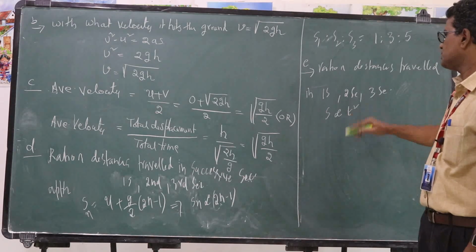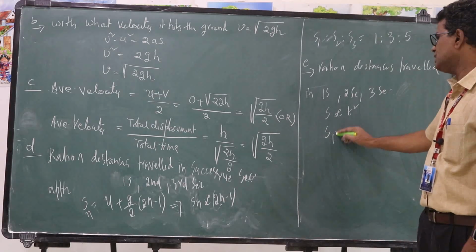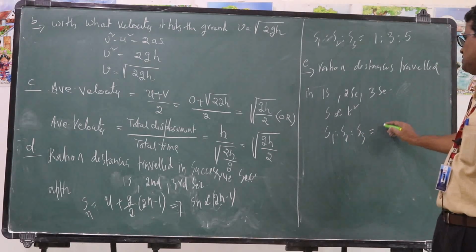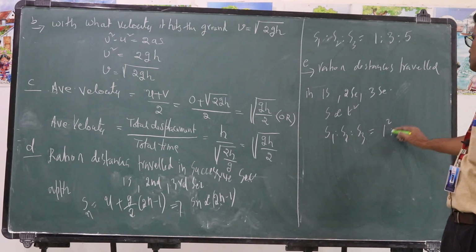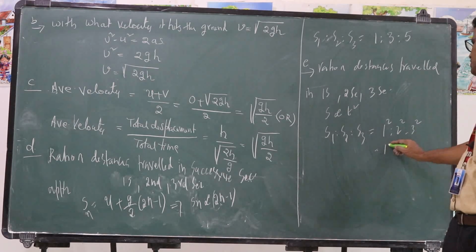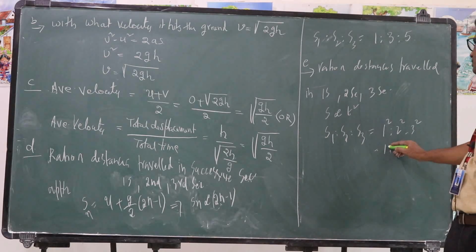So we have S1, S2, S3 for 1 second, 2 seconds, 3 seconds is 1 square is to 2 square is to 3 square. That is 1 is to 4 is to 9 and so on.